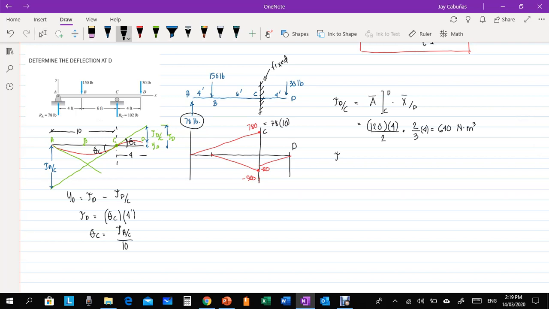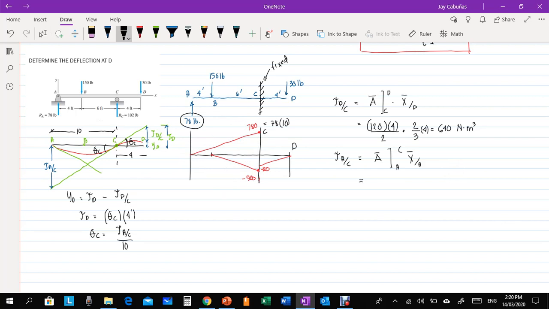Next, we compute for TAC, or the deviation of A relative to tangent line at C. That is equal to the moment area from A to C, then the centroid distance from joint A. Okay? So we have one area here, from point A to point C. So this entire area is what we take.